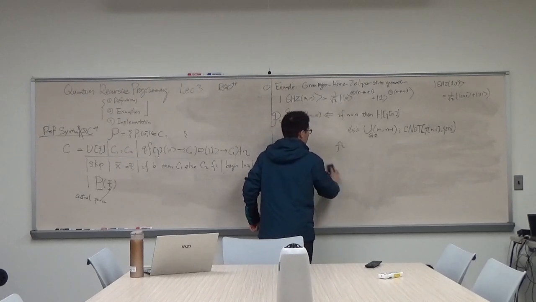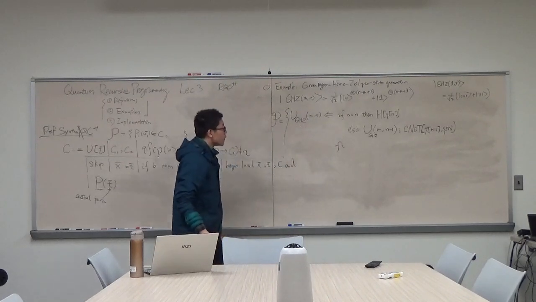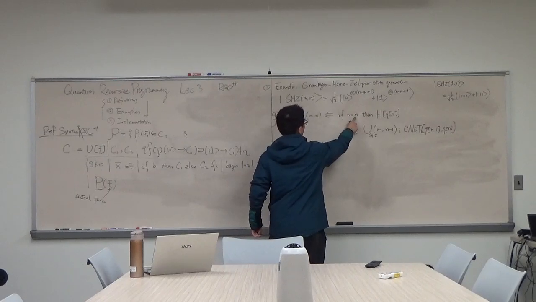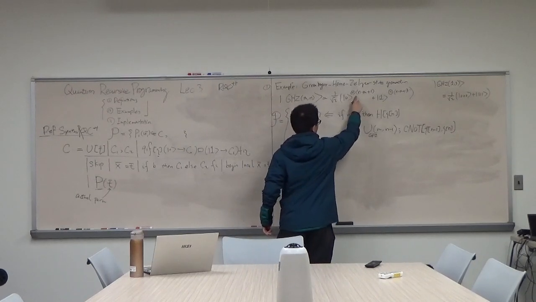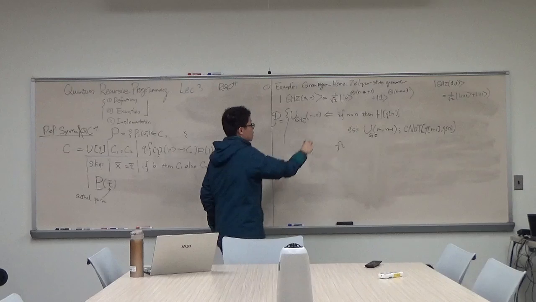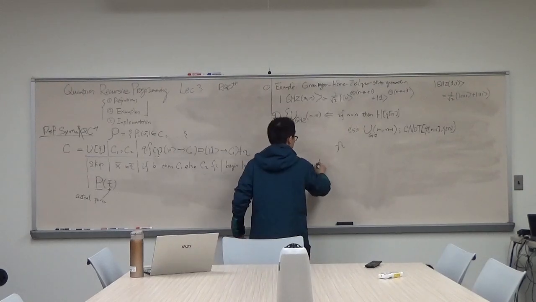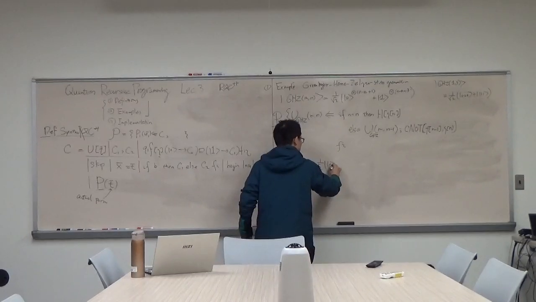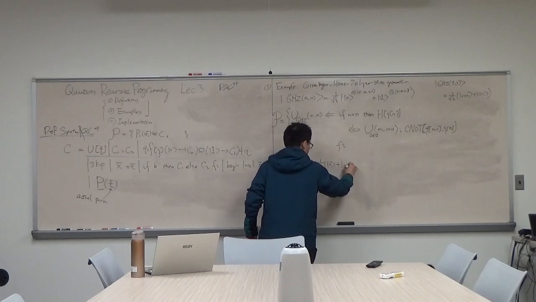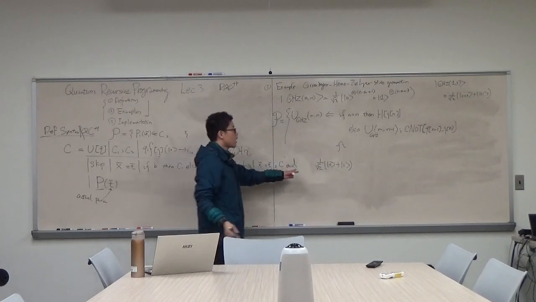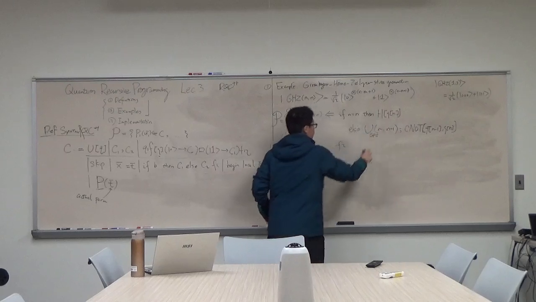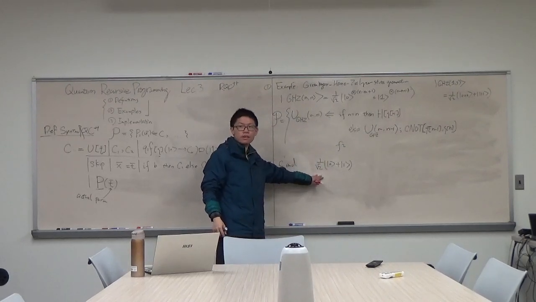So how does it work? When m is equal to n, it is just the plus state. You just apply the Hadamard gate on Qn, then you will have this state.